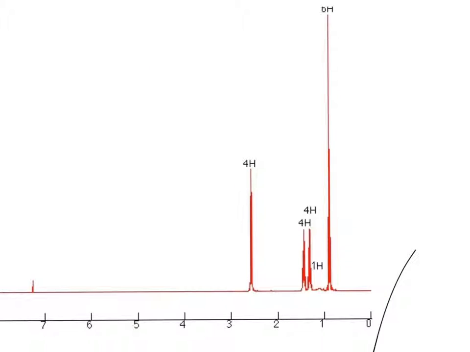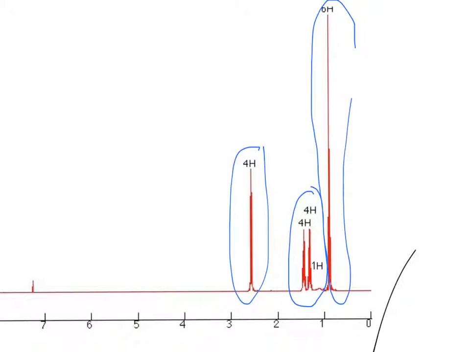So next we're going to take a look at the proton NMR for this molecule. The first thing we notice is that there are 5 signals, and that is 1 right here, and then there's 3 right in there, and 1 really big one right there.